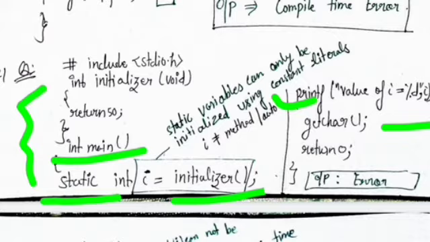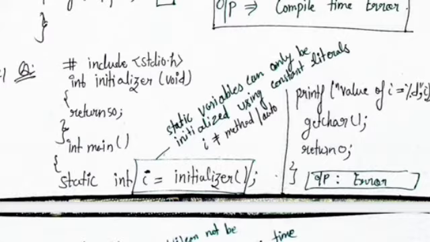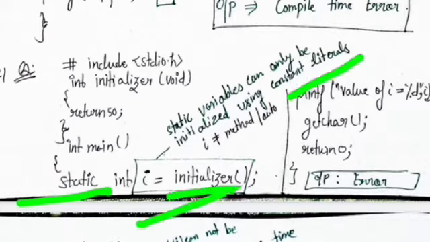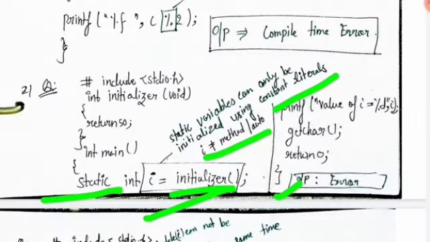What is the output of the given program? So firstly we know that a static variable can only be initialized using a constant literal, but here i is not using a constant, so the output of this program is error.